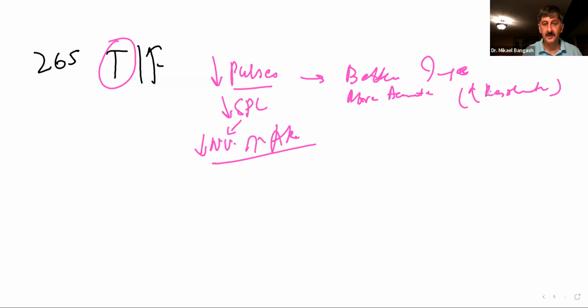Whereas if we said greater pulse leading to better image, that would be false.